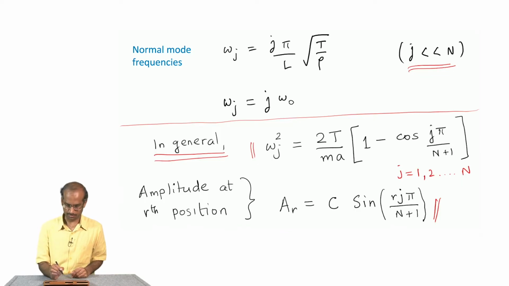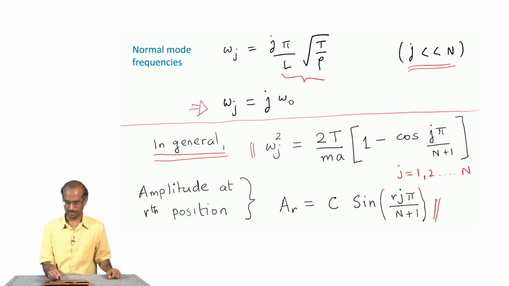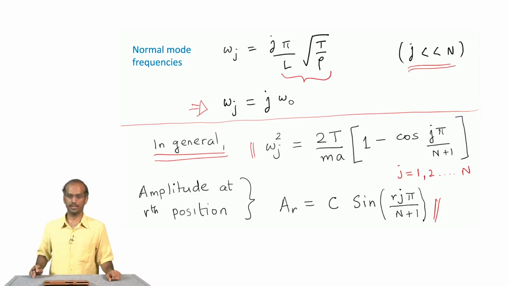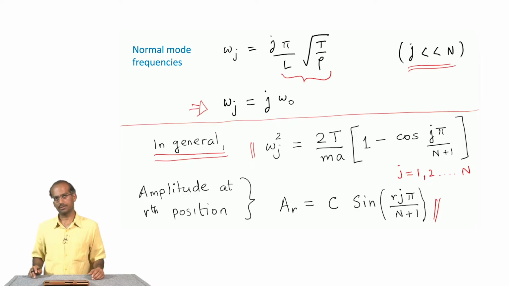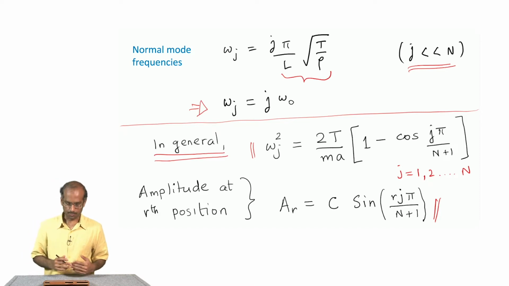In that case, we saw that we can write that omega j is equal to j times omega 0, where omega 0 is this quantity, pi by L multiplied to root of T by rho. Rho is often called the linear density or mass per unit length. With this background, we will address a few related questions related to this problem.